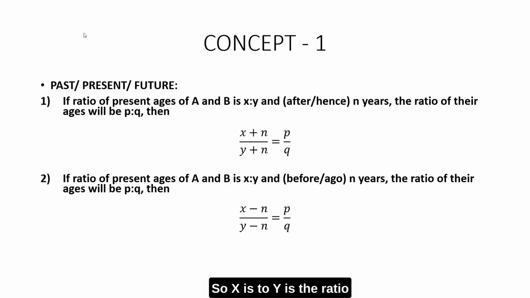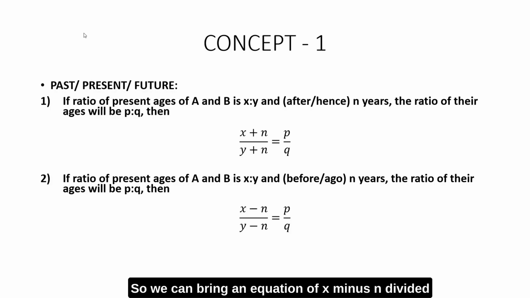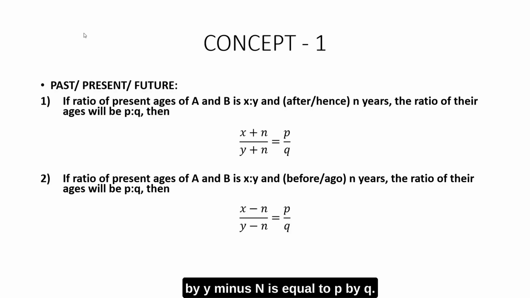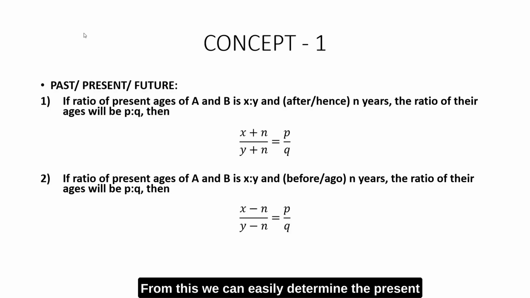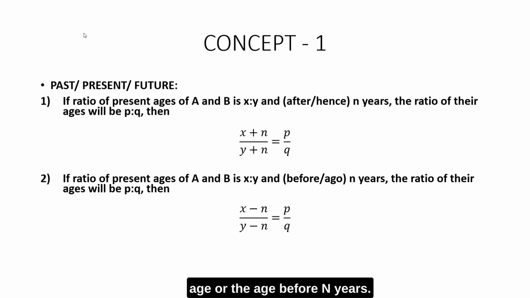X is to Y is the ratio of the present ages of A is to B. If we move n years ago, their ratio gets modified to P is to Q. So we can bring an equation of x minus n divided by y minus n is equal to P by Q. From this we can easily determine the present age or the age before n years.